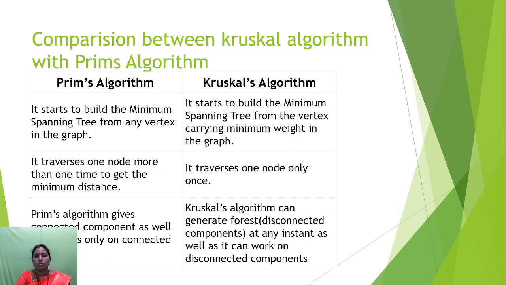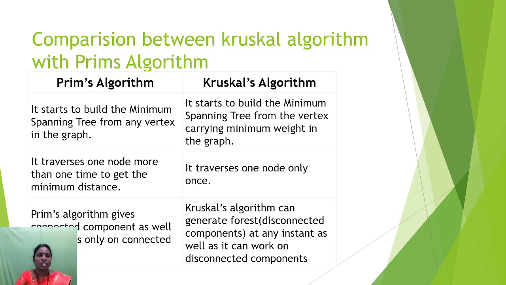Prim's is also used to find the minimum spanning tree, but why I am choosing Kruskal algorithm as best is this: Prim's algorithm starts to build the minimum spanning tree from any vertex in the graph, but Kruskal algorithm starts to build the minimum spanning tree from the edge carrying minimum weight in the graph. So it can choose very minimum weightages in the graph.